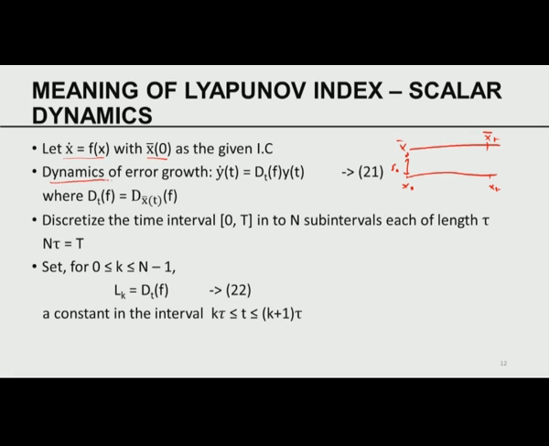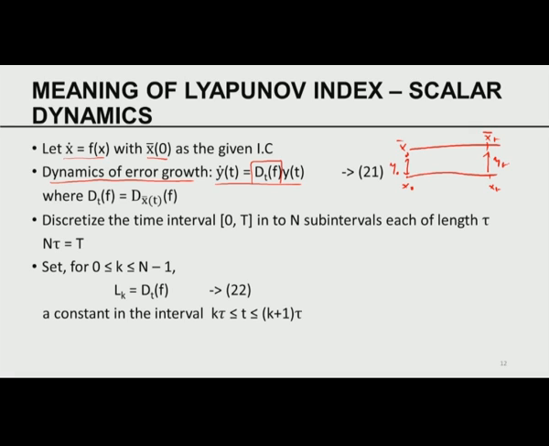So the dynamics of the error growth, the variational equation for this case, becomes y dot of t is equal to Jacobian of f times y of t. This y plays the role of epsilon, so instead of epsilon I am going to consider this as y naught. Let y naught be the initial difference, let y of t be the difference at time t.